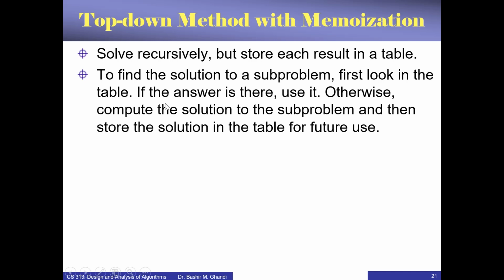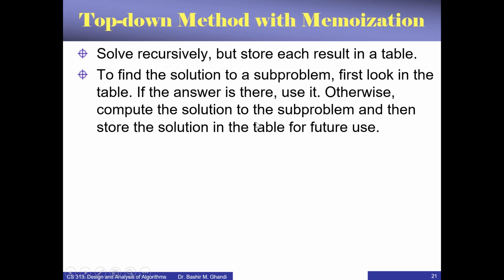So we're going to solve recursively in this memoized top-down version, but we will be storing the results in the table, as I said. To find a solution to a subproblem, first we look into the table. If the answer is there, use it.